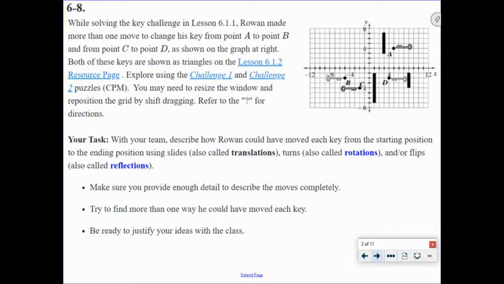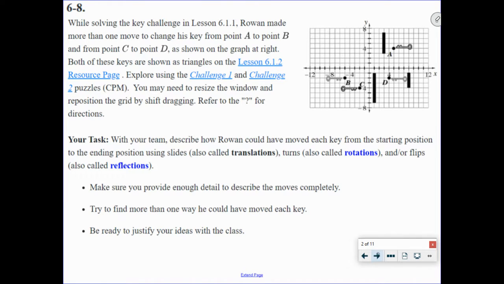You have to make sure you provide enough detail to describe the moves completely. You can't say things like move it this way, move it that way. You have to say how you're moving it. If you are rotating it, how you're rotating it. If you're reflecting it, how you're reflecting it, okay? Try to find more than one way he could have moved each key and be ready to justify your ideas with the class, okay? So that's the goal.